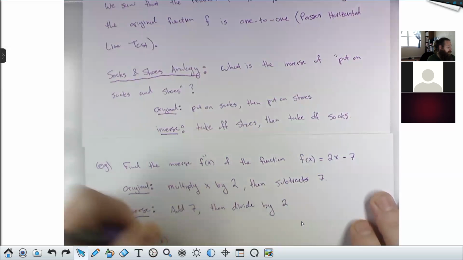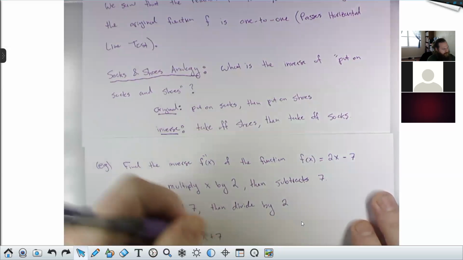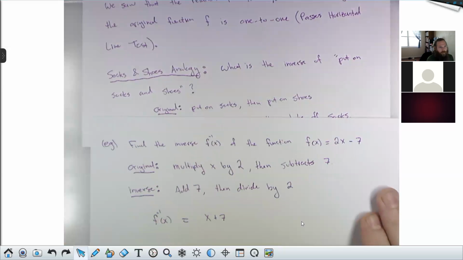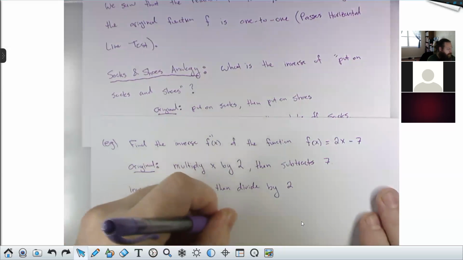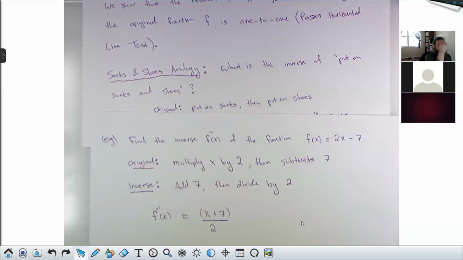F inverse of x takes x and adds 7. So that's x plus 7. And then it divides that whole thing by 2. And I hope you see that this is different than what you would get if you divided by 2 and then added 7.